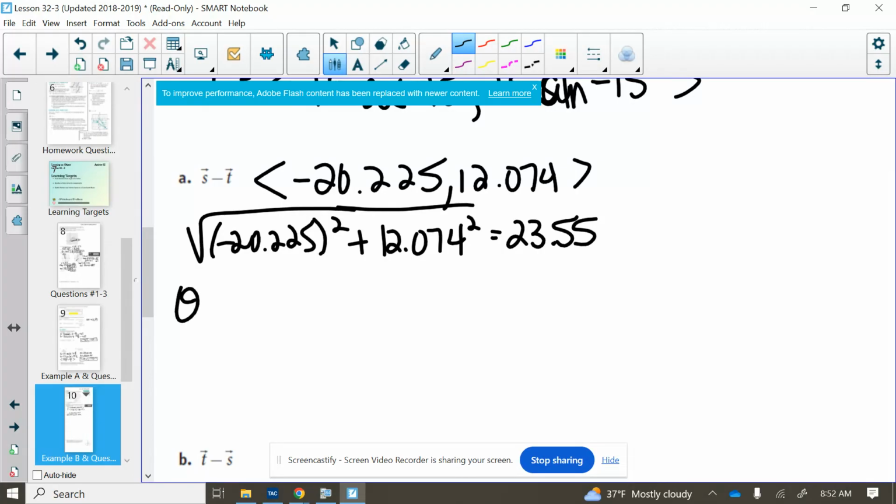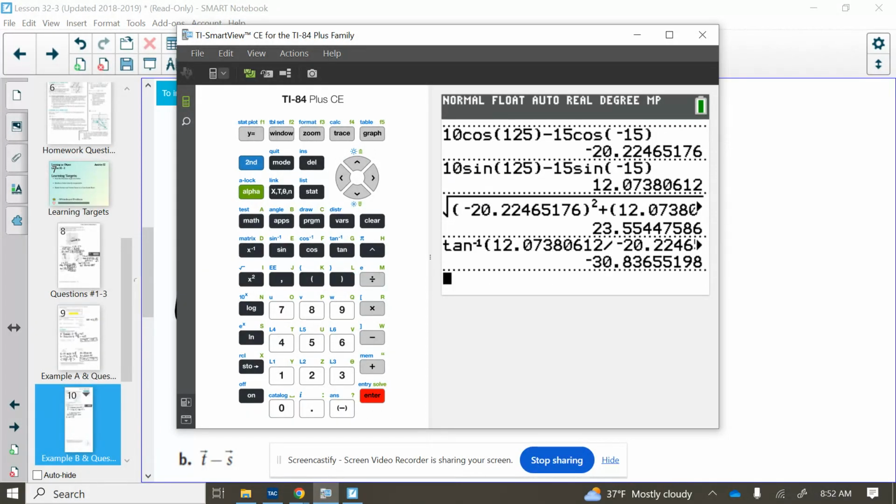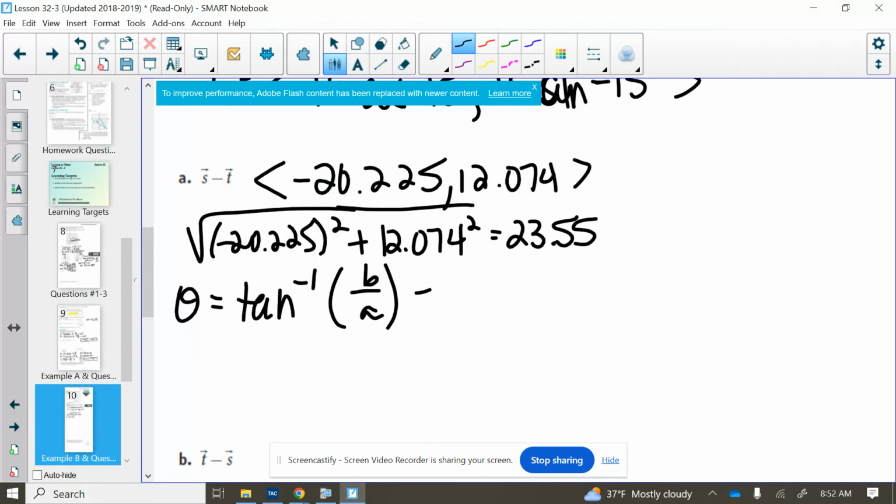And then our theta value, again, if we think back on this, we need tan inverse of b over a. So tan inverse of our b component divided by our a component. And again, you could just type in the decimal approximation as well. This is giving us a more exact answer. We get negative 30.84.